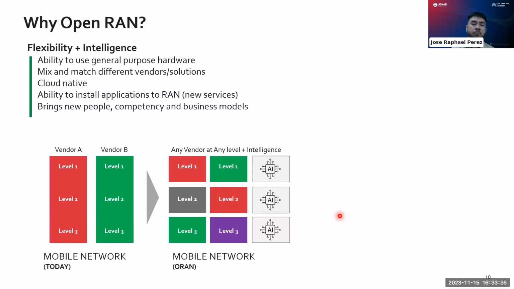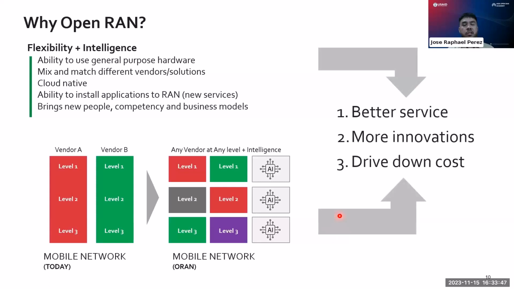So it brings new people, competency, and business models. So with this being said, Open RAN can deliver better service to our subscribers, also more innovations to our network, and also drive down cost to our network as well. So that's Open RAN.